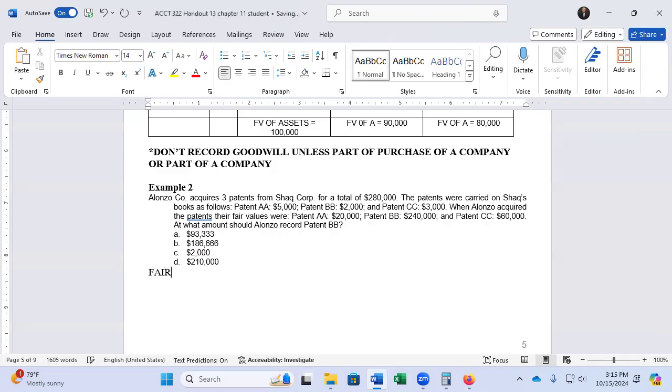So we have fair value equals 280,000. Oh no, sorry. 20,000 plus 240,000 plus 60,000, which equals 320,000.